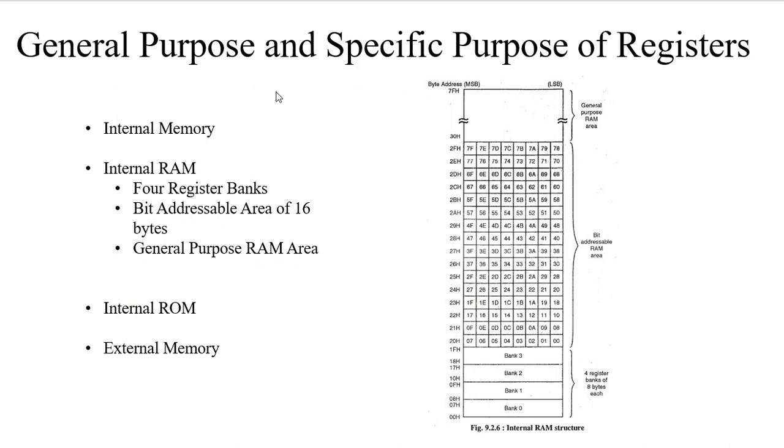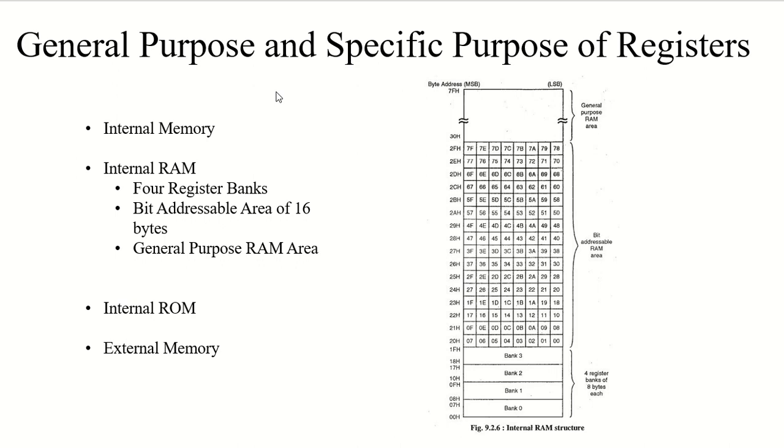Just like any good microcontroller, 8051 also has the internal RAM and ROM, and also you can connect any external ROM whenever required. So if this memory is insufficient, then you can connect the additional memory in the form of external ROM with the use of a suitable circuit.